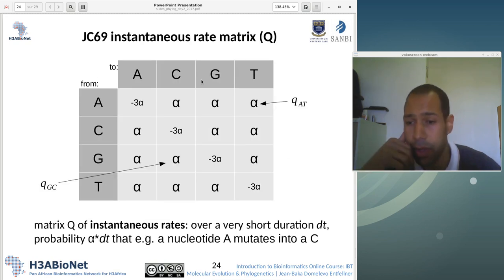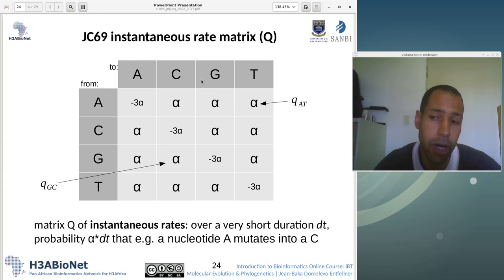So evolutionary models are commonly described by means of a matrix. This is a matrix of instantaneous rates. So these rates, alpha here, are positive. In this case of the JC69 model, there is only one rate, alpha.